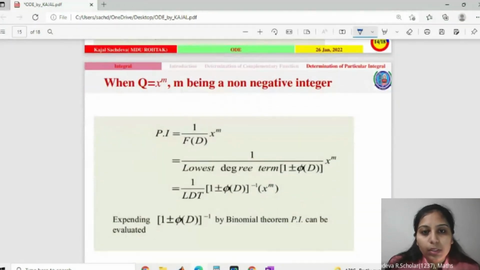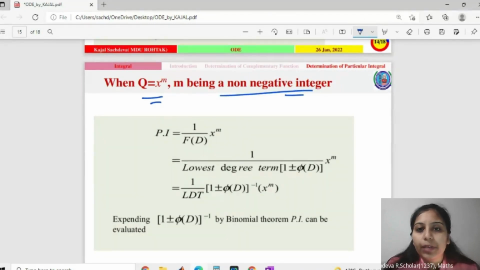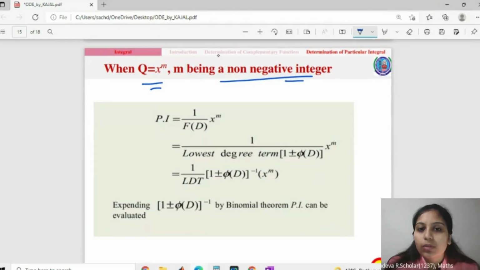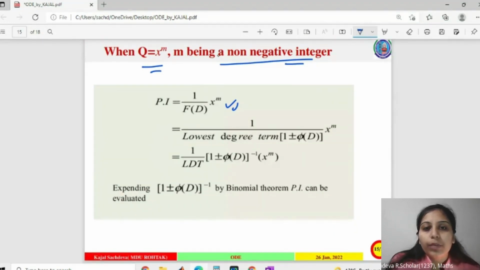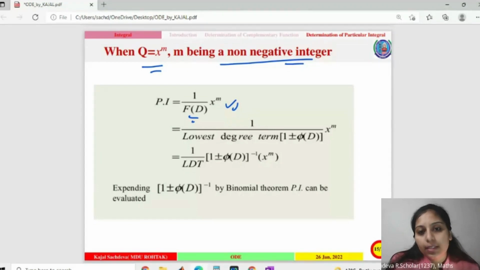Now the third case is Q is equal to x raised to power m, where m is a non-negative integer. So when we have a polynomial type function, we can say this is power of x, so x powers function. What we do, we just take common the lowest degree term from f of D. We have f of D as a symbolic form, which is the power of D's.